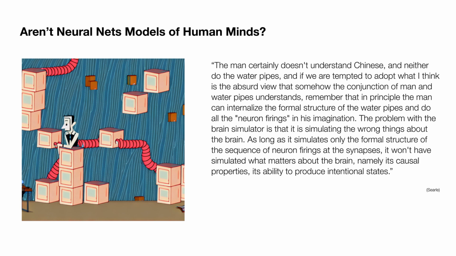So think about the room changing shape now. Instead of just a room with a box and a book, you actually have a series of pipes that are laid out that map an exact replica of a human brain, the way that these complex neural networks claim to rival the potential circuitry of the human mind. No one's claiming we've done that yet, but this is the theory that is intended to be aimed for in the neural network view.